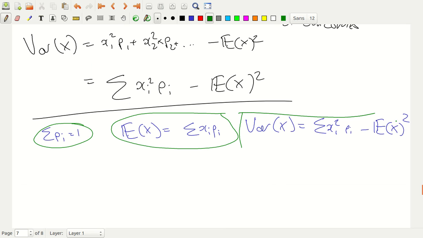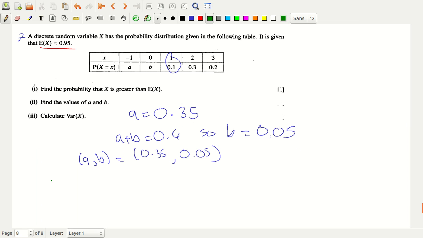Here it is: sigma x_i squared p_i minus E of X squared. Okay, let's have a go. Var of X equals, quote the formula, good practice, sigma x_i squared p_i minus E of X all squared. So what is that?